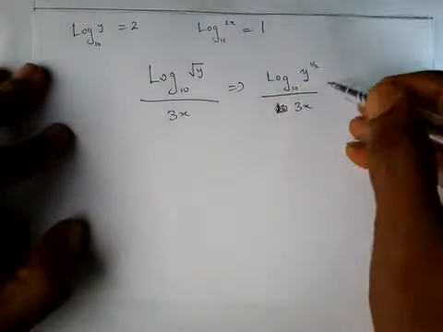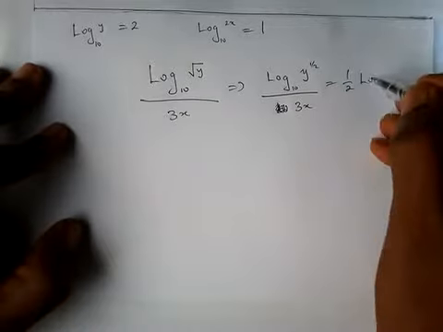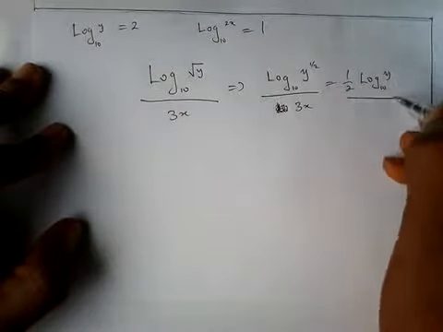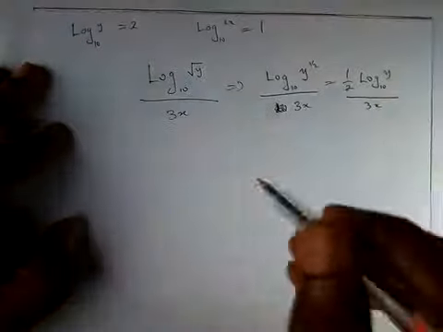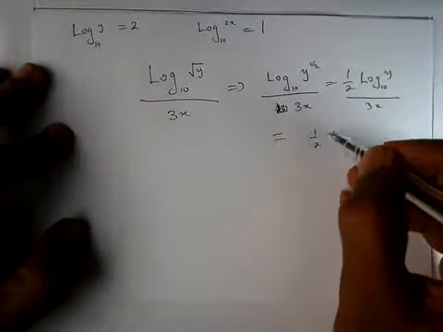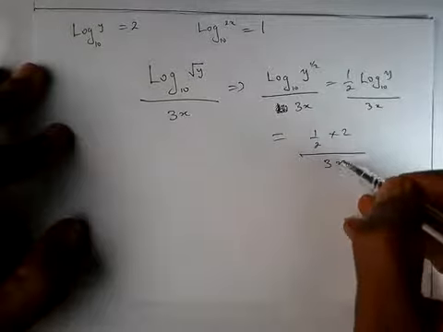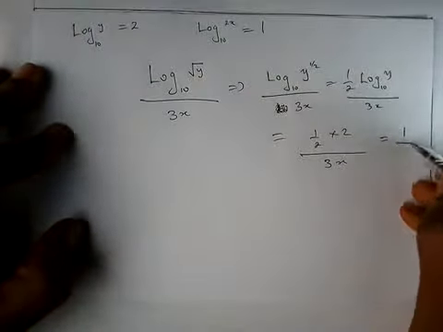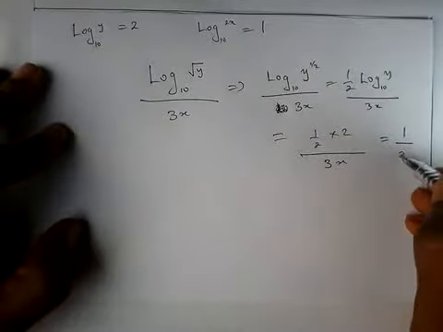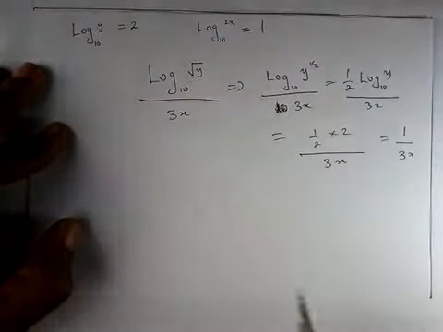This can come down to give you 1 over 2 log y to base 10 over 3x. Now log y to base 10 is 2, so we can put 2 there to be 1 over 2 times 2 over 3x. So this is 1 over 3x, because this time this gives you 1.